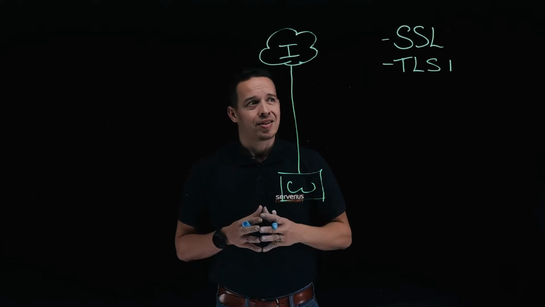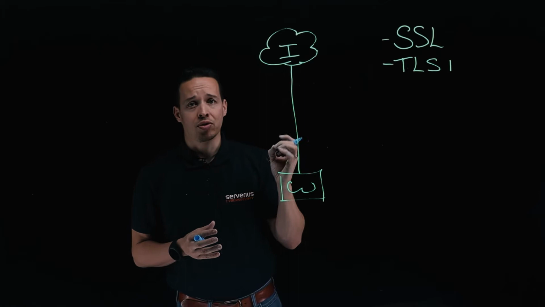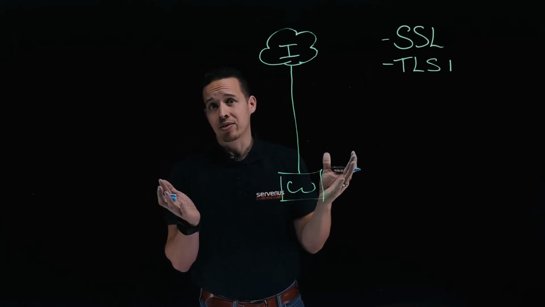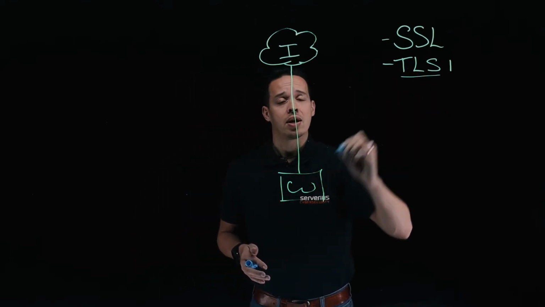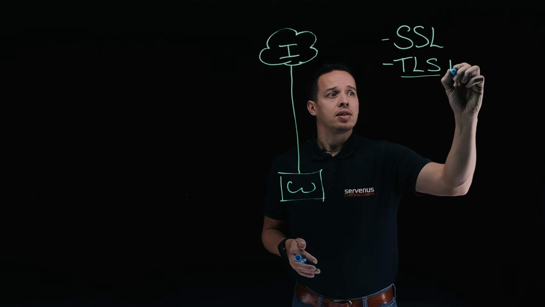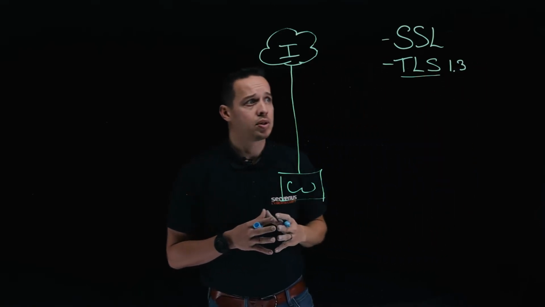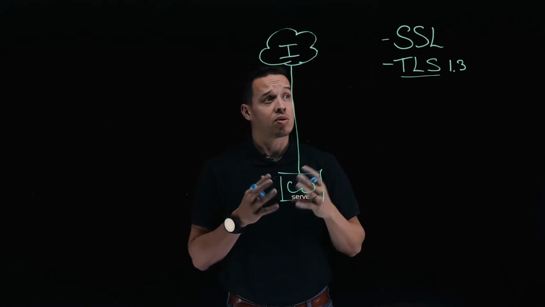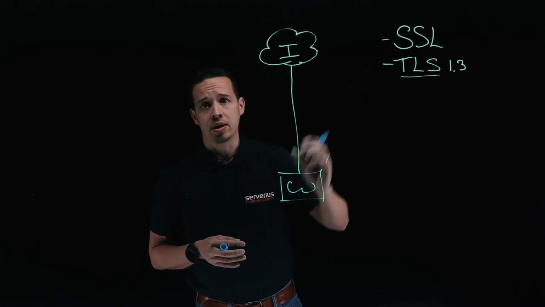Well, that's a little bit of branding, because everybody knows what an SSL certificate is. So companies are still selling SSL certificates, but in fact, they are selling TLS. And since 2018, we have version 1.3, TLS 1.3. So in this video, I'm going to talk about SSL, but I mean, of course, TLS.